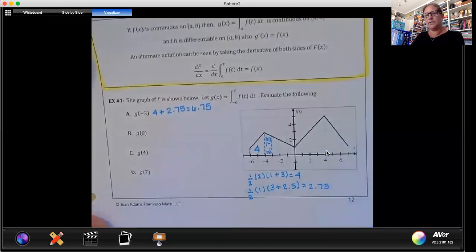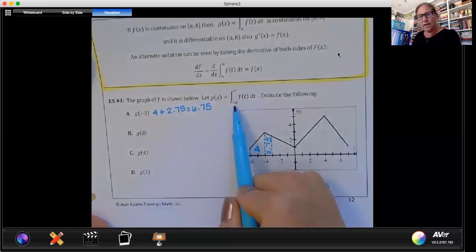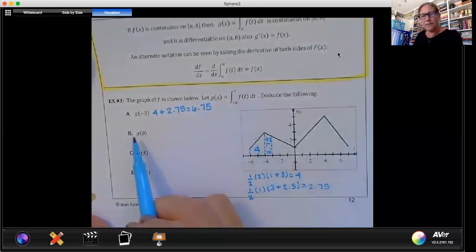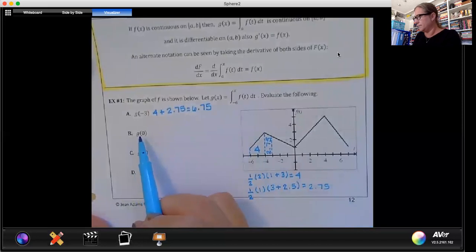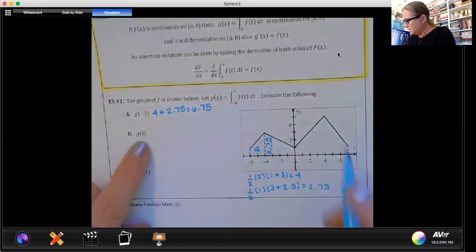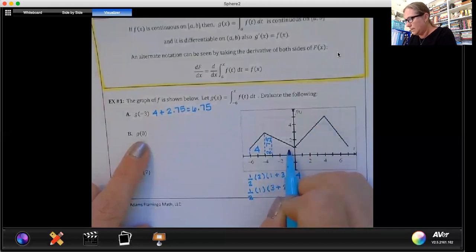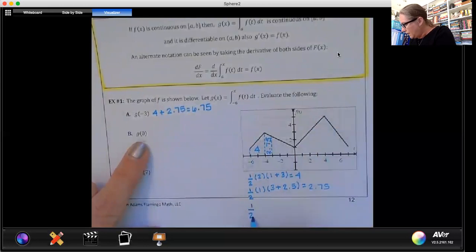Now, the accumulation function comes in. It's always going to start at -6, and it's going to go up until this value that you see here. So we're going to go to 0 next, and that's another trapezoid that we're going to find the area of. And we're going to add those three together. So 1/2 times 1, 2, 3, the height, times the sum of the bases. 1 plus, I think we said that was 2.5.